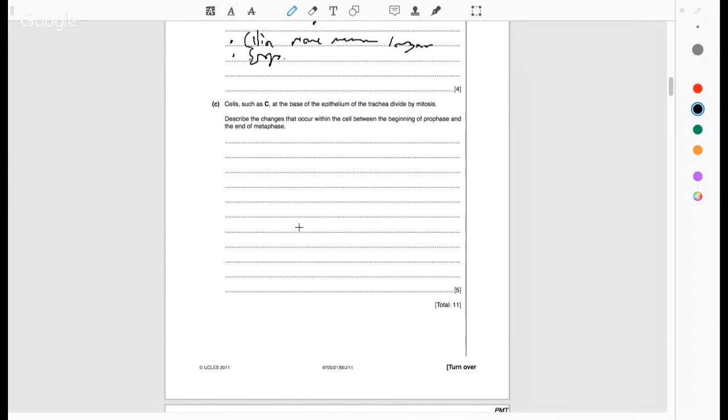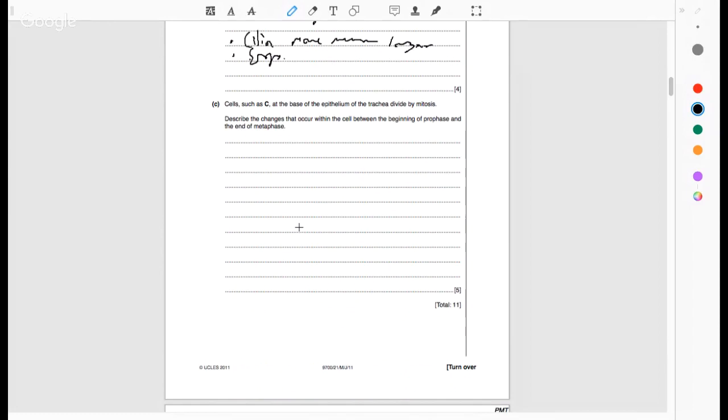Chromosomes condense. The nuclear envelope and the nucleolus are broken down.